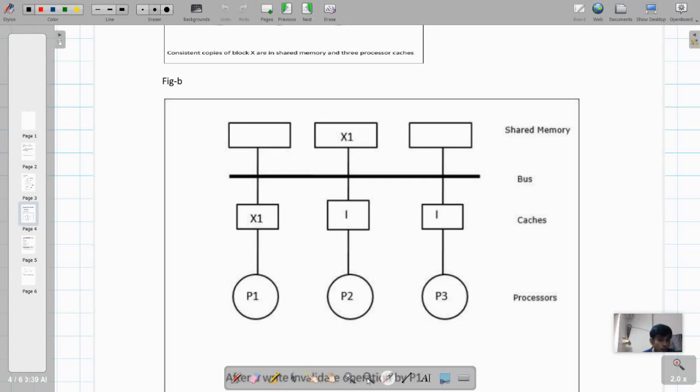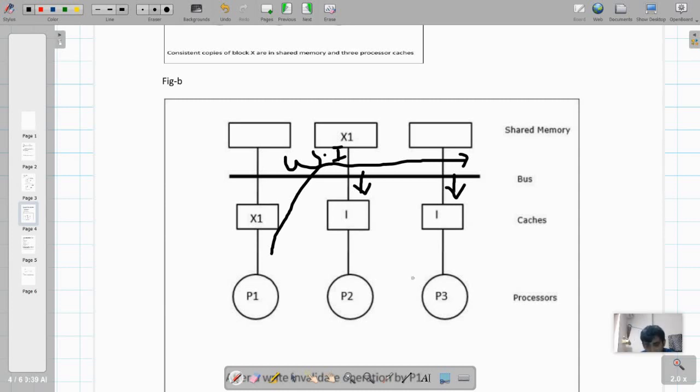Because while processor P1 was updating the value of X to X1, it sent a write invalidate message to the shared bus. WI stands for write invalidate. So this write invalidate message was captured by processor P2 and processor P3.